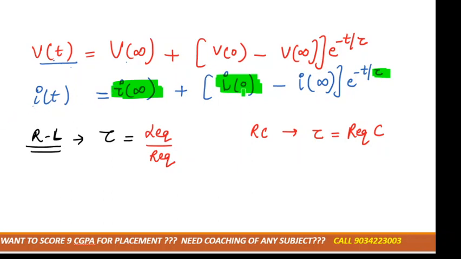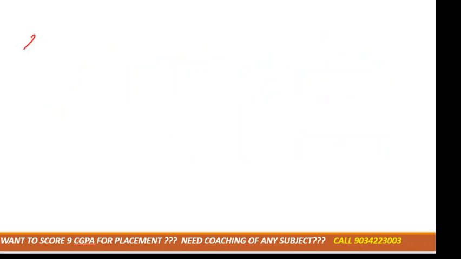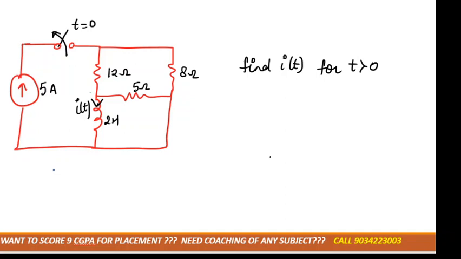So for I of 0, we'll follow certain steps. Step number 1, we always calculate the condition at t equal to 0 minus, right? So this is our switch. Tell me, at t equal to 0 minus, is the switch closed or open?